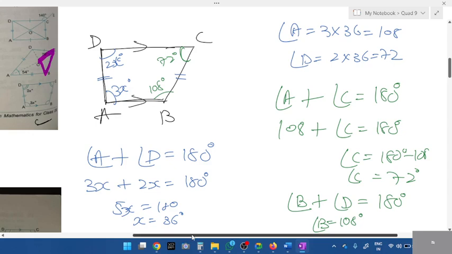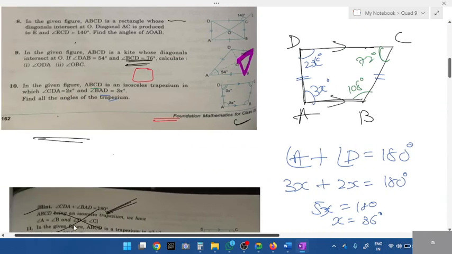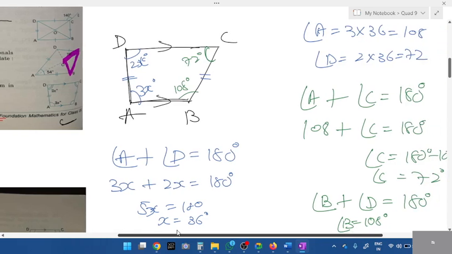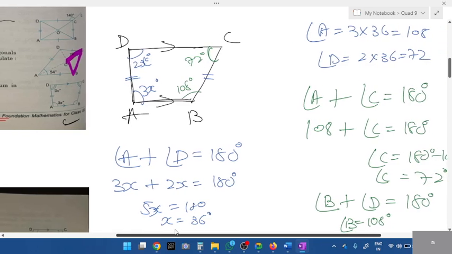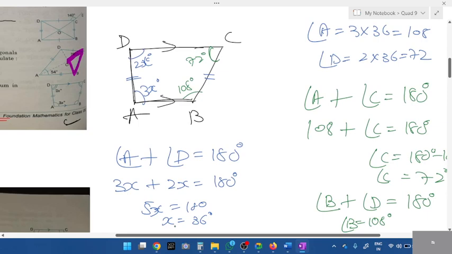Can I check the answer in the textbook? Is it correct? 10th question. Someone check the answer, students. Angle A is 108. Angle B is also 108. 10th question.